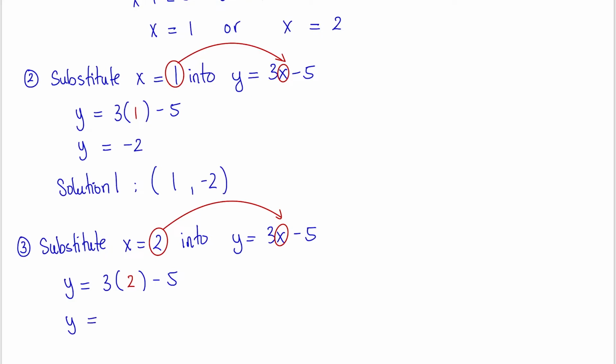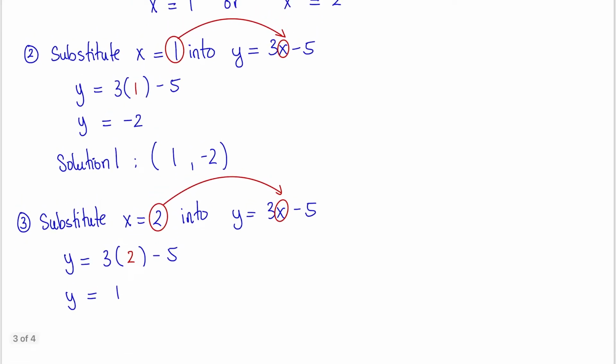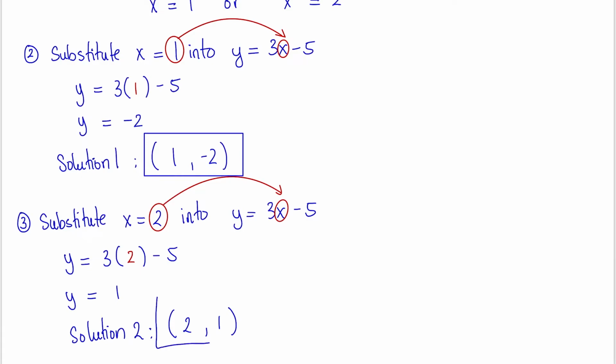So y is equal to 1. And my second solution is x comma y. X is 2, y is 1. So I have two solutions. The first one is 1, negative 2. And the second one is 2, 1.